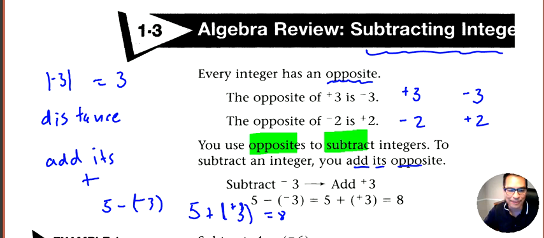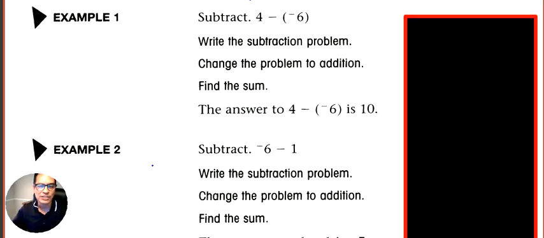So not to worry, we're going to use these rules. Let's use it now. As we follow these steps, let's be sure that we follow those rules. In example 1, we're going to subtract 4 minus -6. The very first step is we write the subtraction problem: 4 minus parentheses -6. That's step number 1.